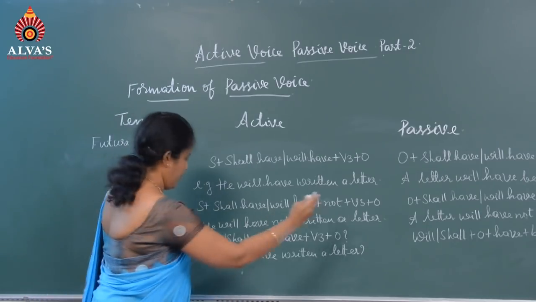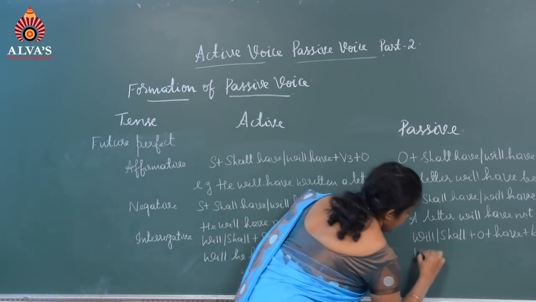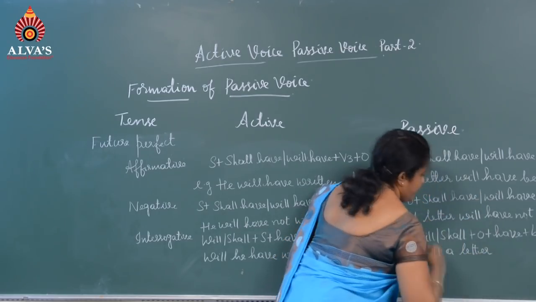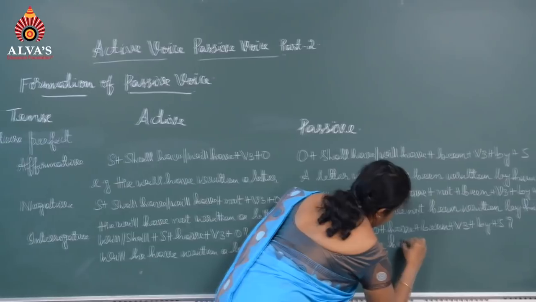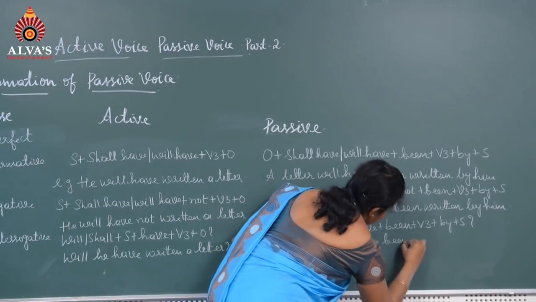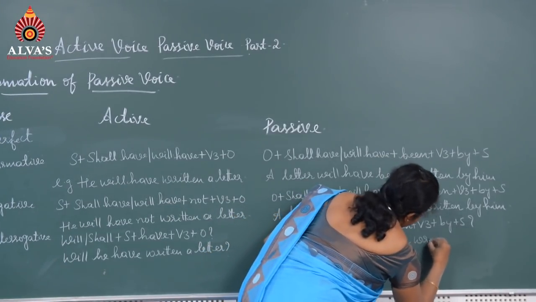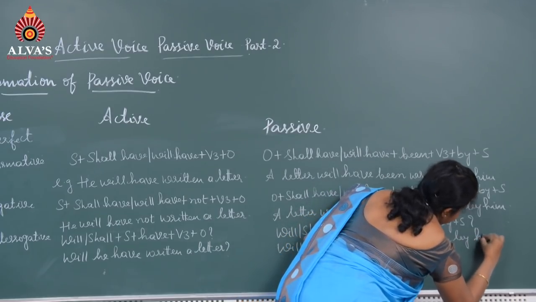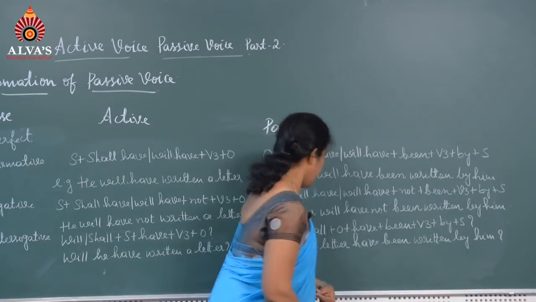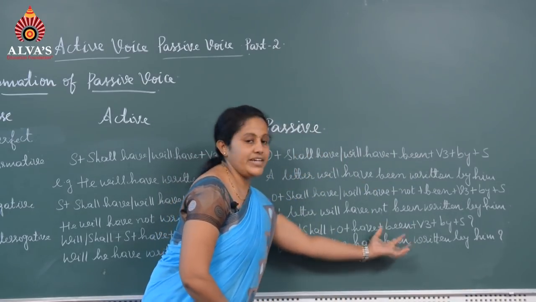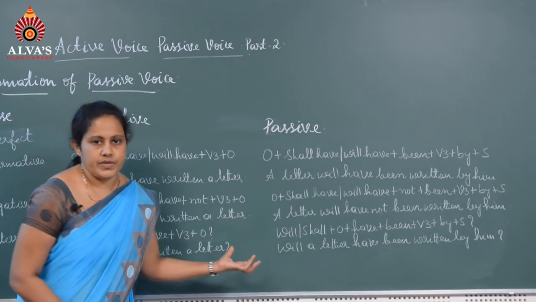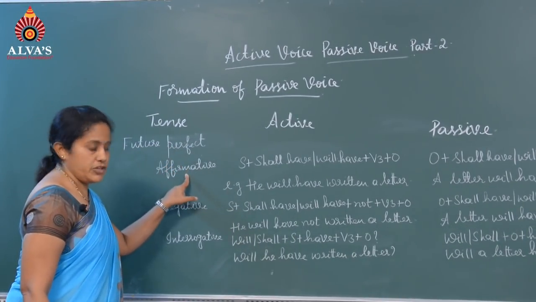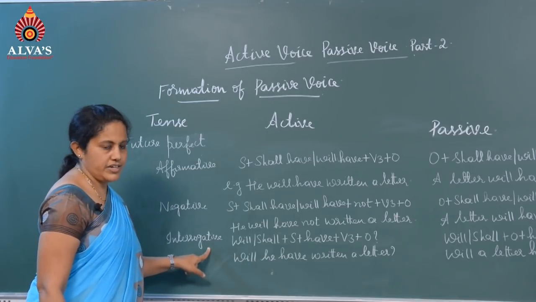So, when it comes to passive voice, it becomes will a letter have been written by him. Will a letter have been written by him? So, this is about future perfect affirmative, negative and interrogative sentences.